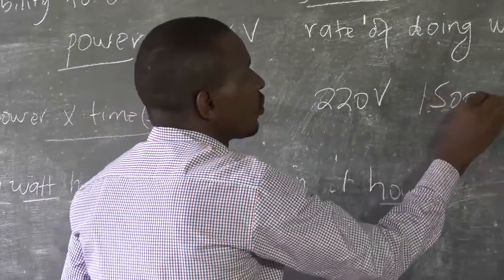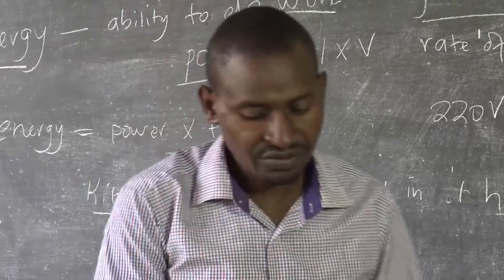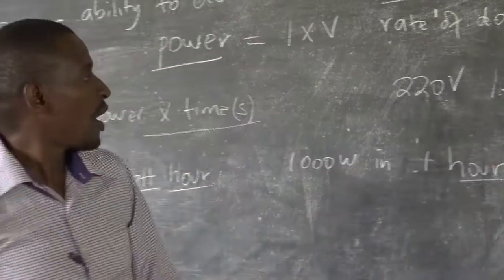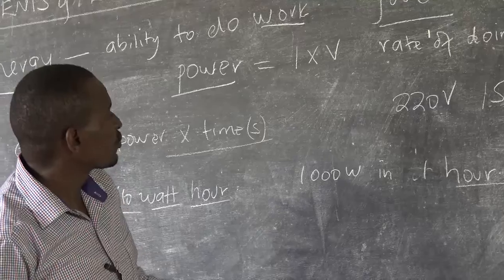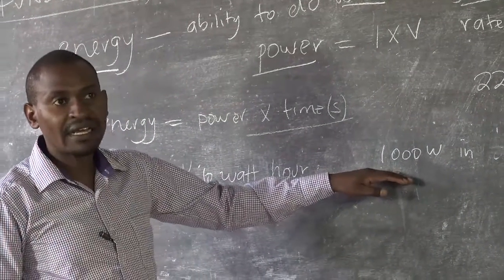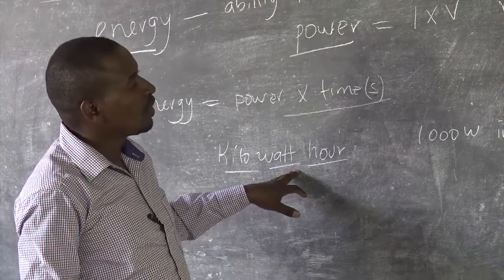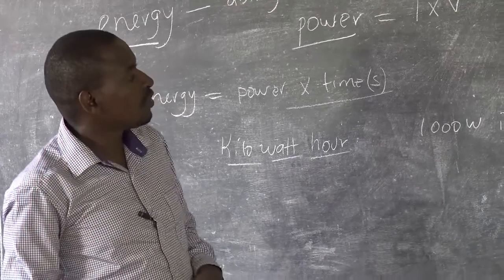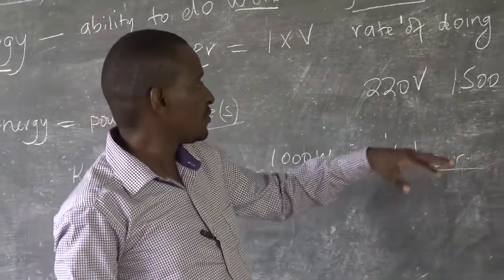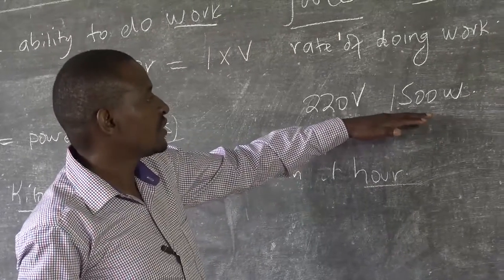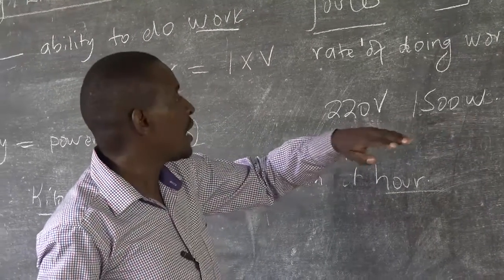Meaning that if you use this heater for 1 hour, you'll have consumed more than 1 unit of electricity, because this heater does work at a faster rate. It does 1500 watts per second.